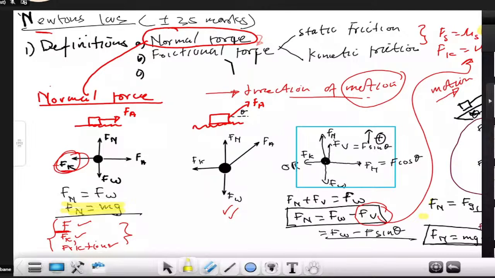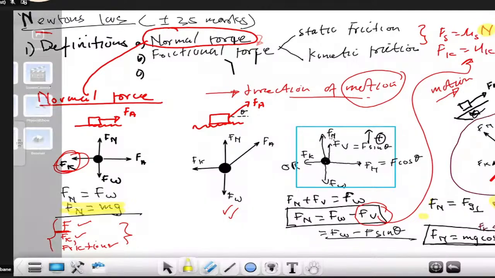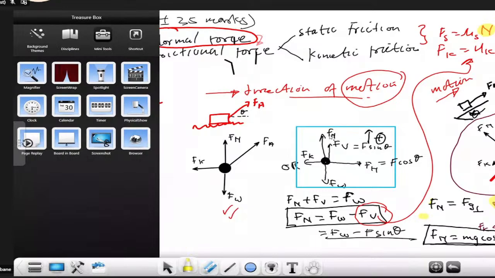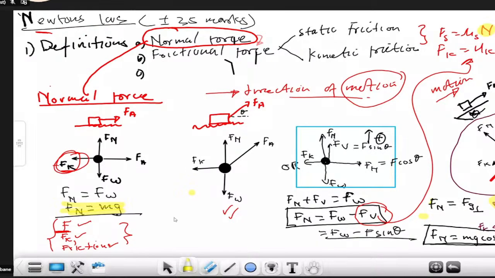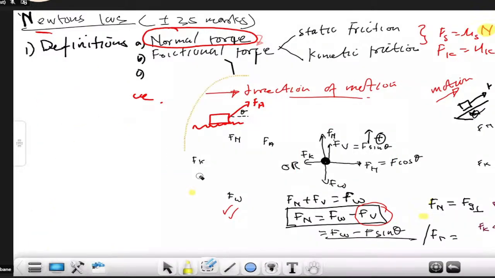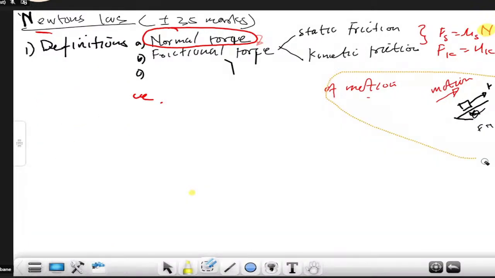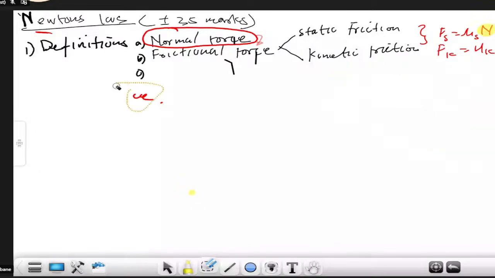So basically, ladies and gentlemen, let me remove all this. We are going now to take the very simple principle and try applying it to Newton's laws.